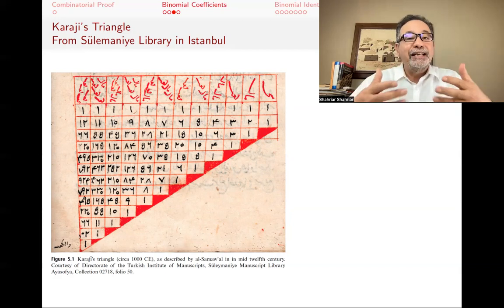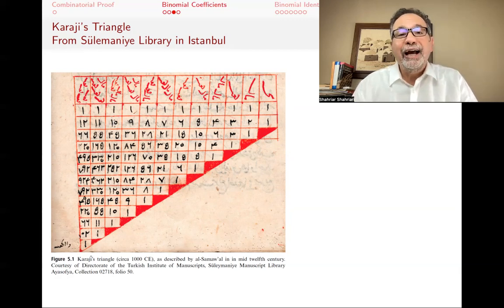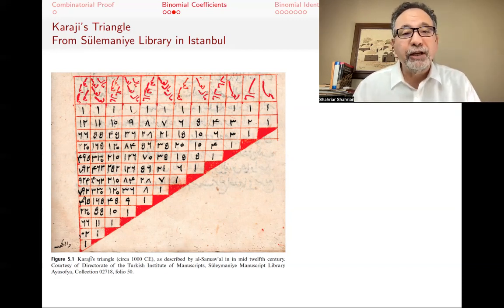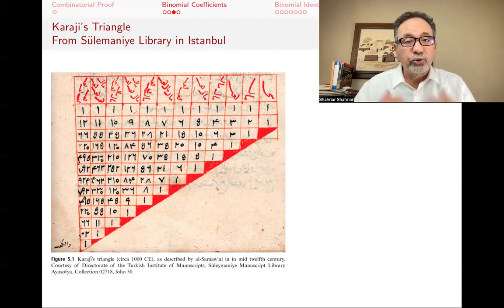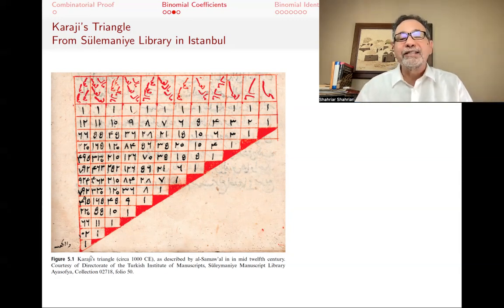In it, he explains that this table and this way of thinking of binomial coefficients is due to al-Karaji, Karaji in Persian, who was someone from Karaj, not far from my hometown of Tehran. So, a shout out to the homeboy here. Karaji, circa the year 1000, so about 600 years earlier than Pascal. This particular picture is from my book.